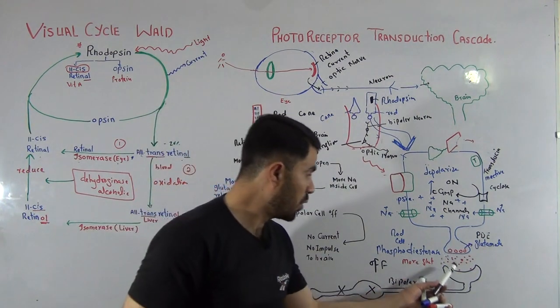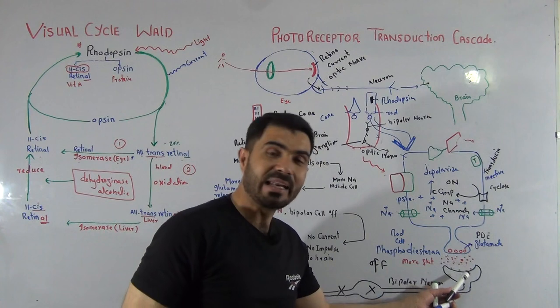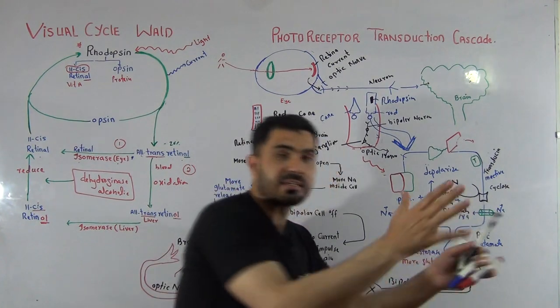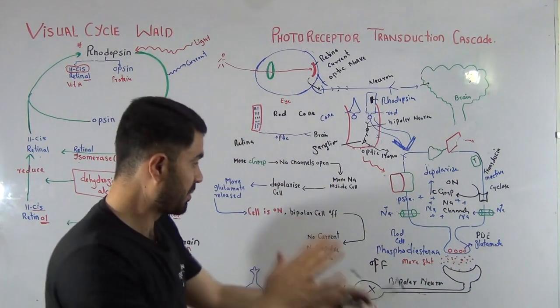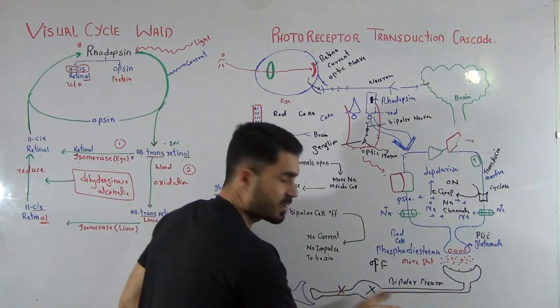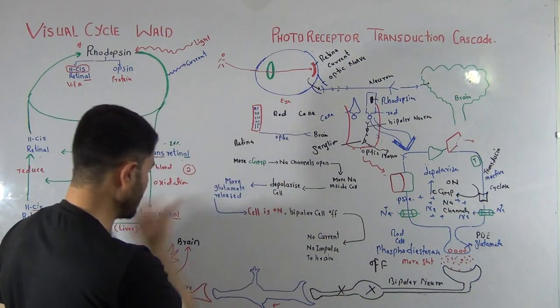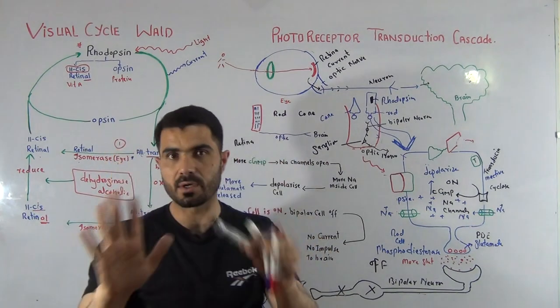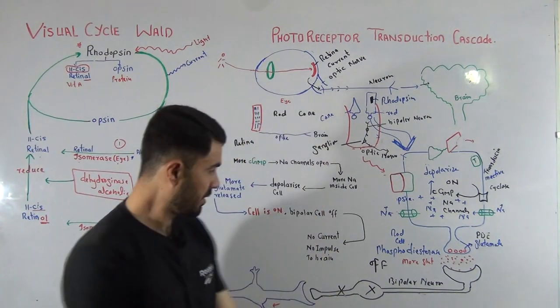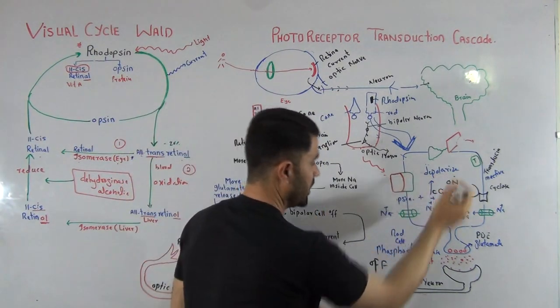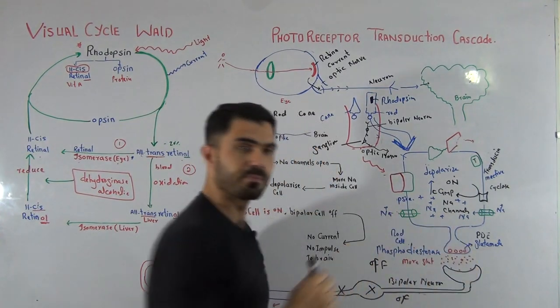Remember that more glutamate will inhibit this neuron. So when no current is in that neuron, no current goes to the brain. So no light, no current. This is the game. This is on and this is off.